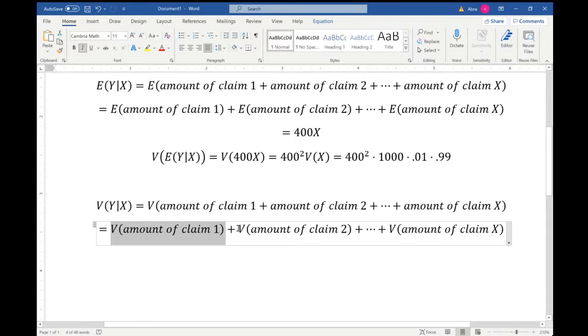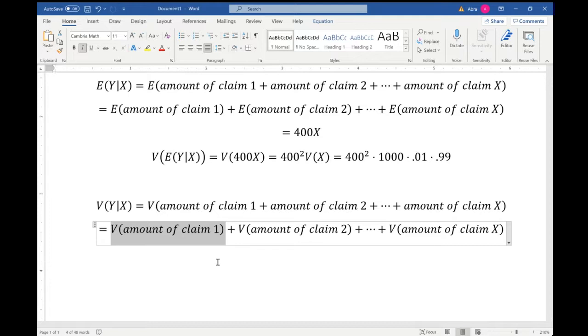That's the same as the variance of the amount of claim 2, and the same as the variance of the amount of claim x, because they all have the same distribution. So you just have x copies of this variance that you're adding together. So it's x times the variance of the amount of one uniform random variable. Okay, kind of makes sense.